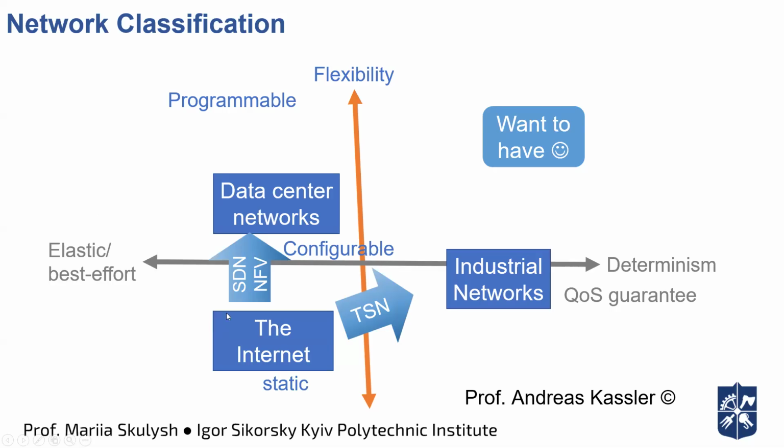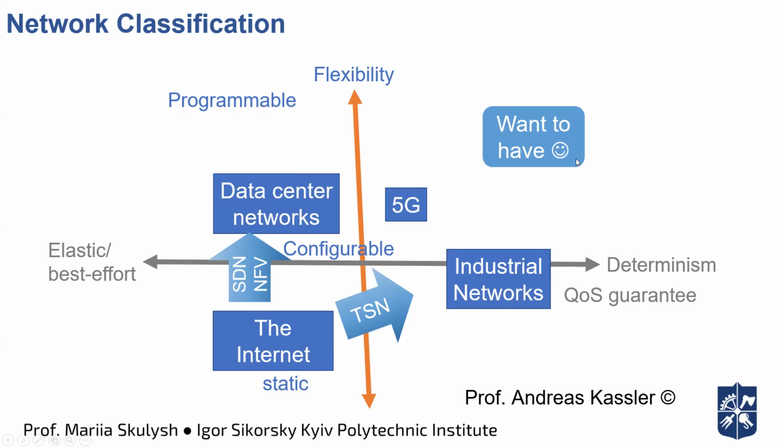And we have SDN, which moves us from the internet toward data center networks, because we use data centers for placing controllers, for placing applications, and so on. Therefore, it has a big influence on our network.